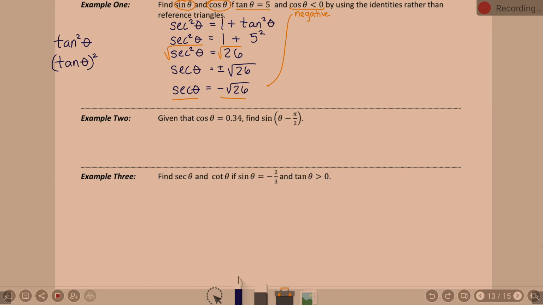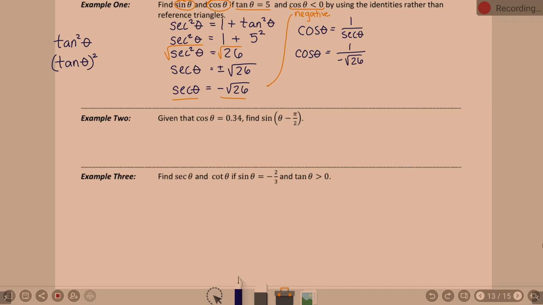Or, if I want to be official, I can write it out as cosine of theta is equal to 1 over secant theta. This is the official way to write it, but again, it's just the reciprocal. If we look at this, cosine of theta is going to be 1 divided by, what is secant?